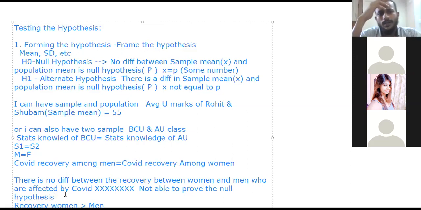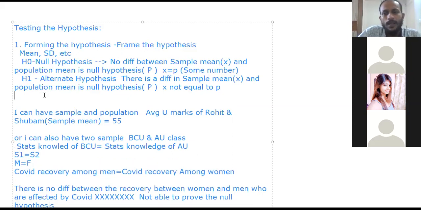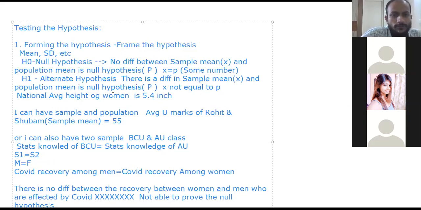Here I have used the second type, that is comparing two different samples. I can also compare a sample mean with a population mean. Let's say the national average height of women is 5.4, that is 5 feet 4 inches.